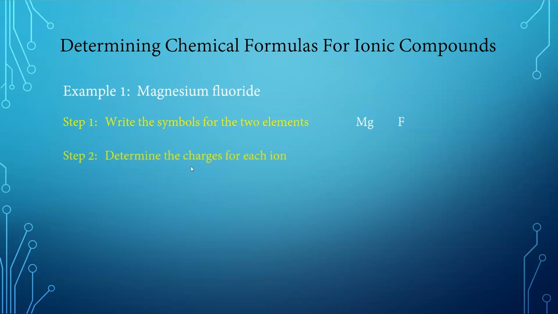Second step, we want to determine the charges for each ion, and that's what we just did, of course. We went through and figured out that magnesium being in group 2 would be a positive 2, and fluoride being in group 7 would be a negative 1. So now we have the symbol of each element and we know their charges. Our third step is simply to balance the charges. That is the absolute unbreakable rule when it comes to ionic compounds.